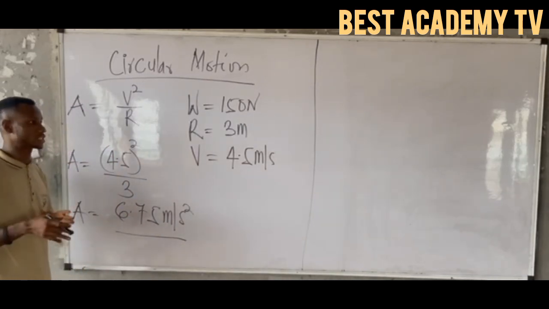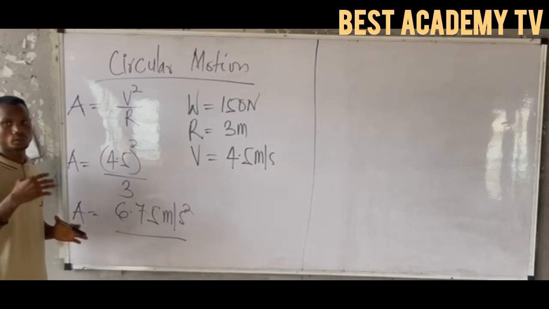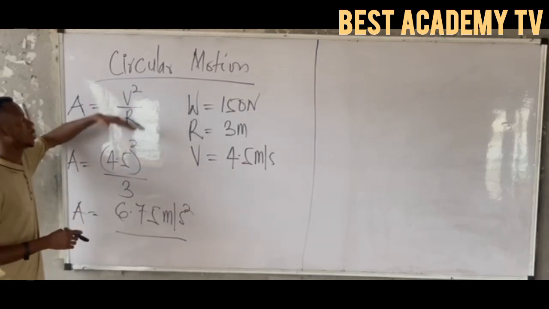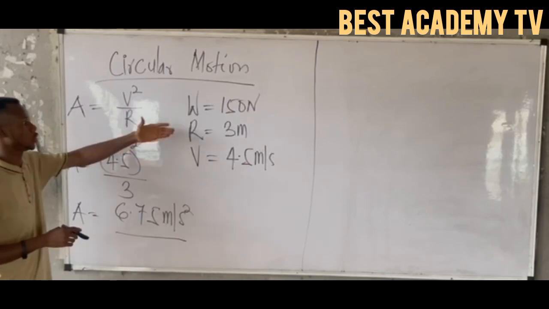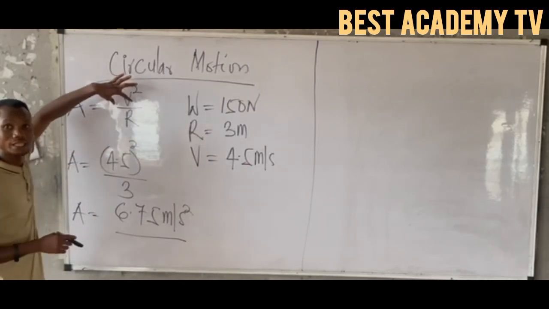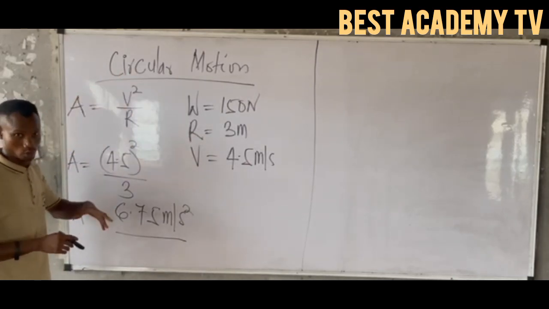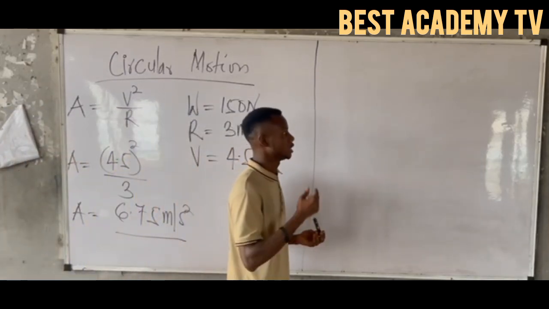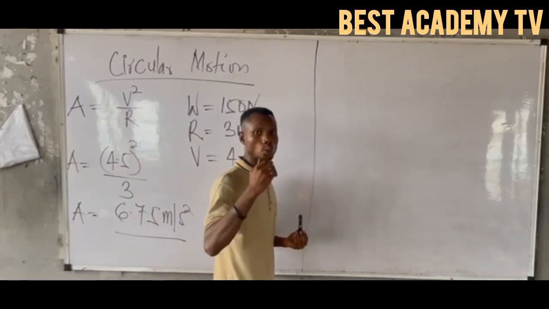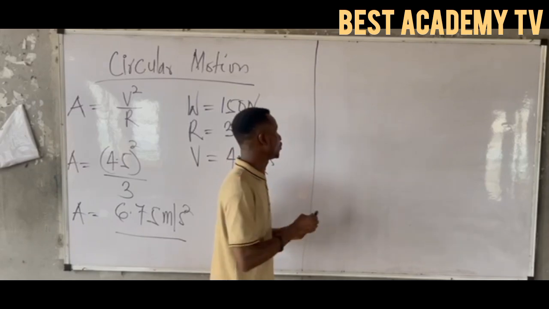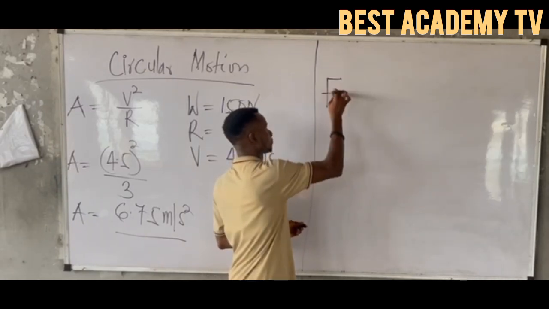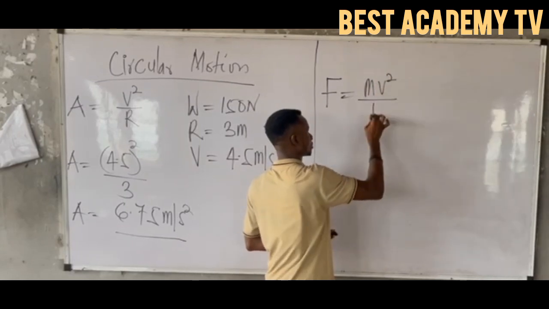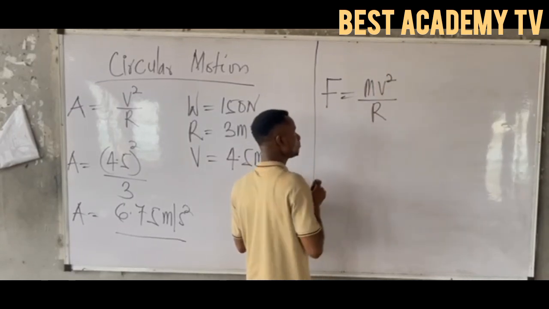Remember, we were also asked to solve for centripetal force. We always replace our parameters depending on what is given to us and depending on the parameters in the formula. Since we are asked to calculate centripetal force, what is the formula? F is equal to mv squared over r.